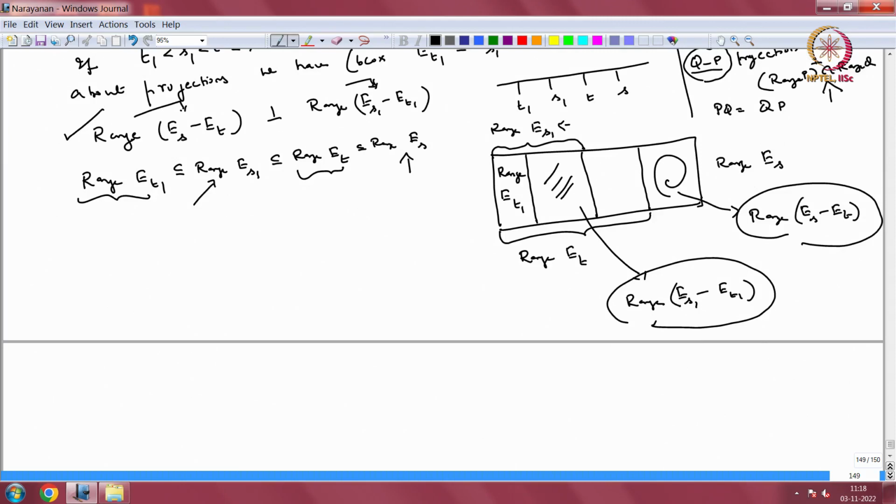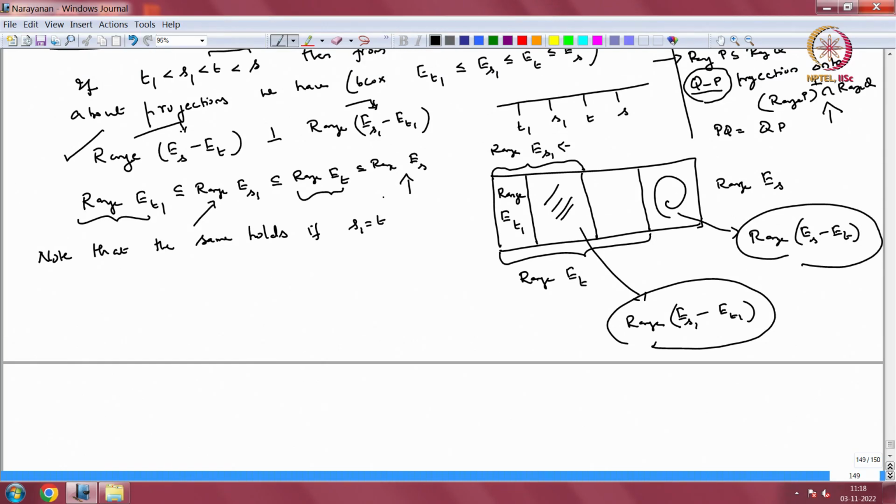Now, you can see that the same holds even if S1 and T were the same. So, what does it mean to say S1 equal to T? That is, the middle two things are the same.